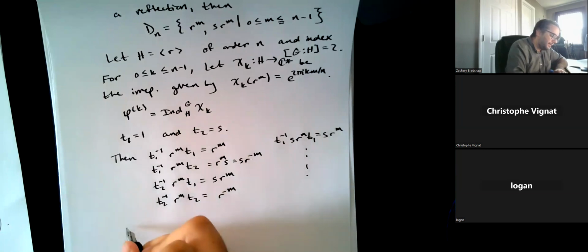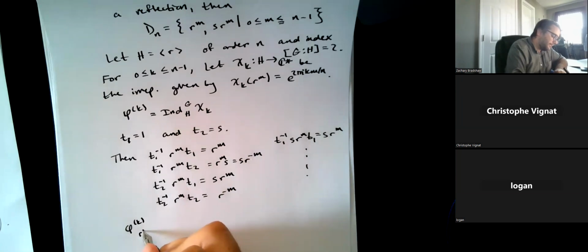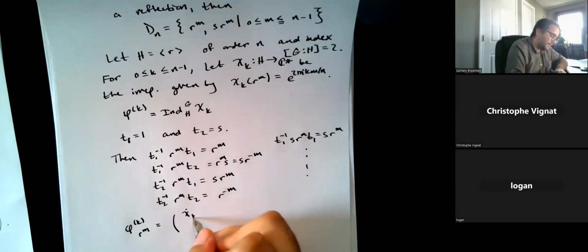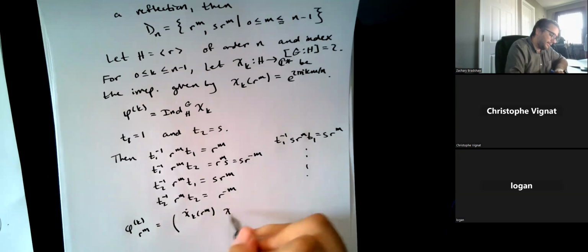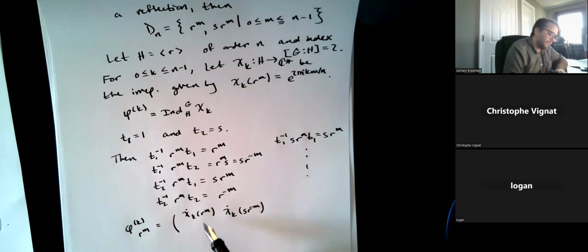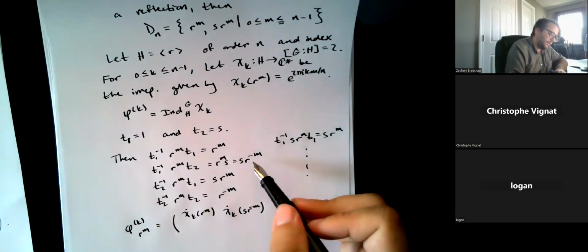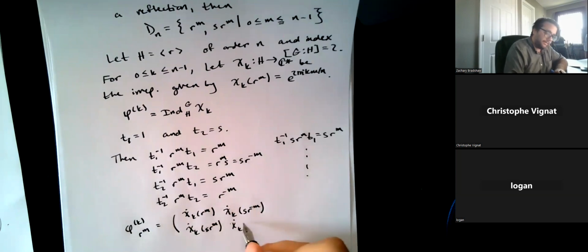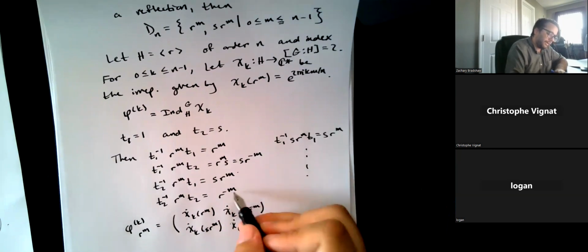What you obtain is that phi k evaluated at R to the m is chi dot k of R to the m, chi dot k of S R to the minus m, which came from here and here. Then chi dot k of S R to the m, chi dot k of R to the minus m.